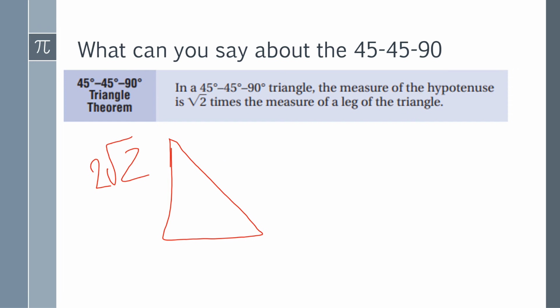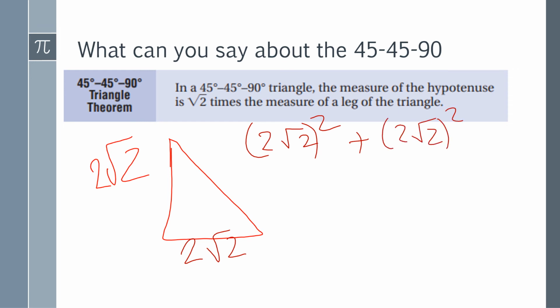So, in the previous triangle we did, we realized that the x was 2 times square root of 2. Well, to do this, square plus 2 times square root of 2 squared, and we get 8 plus 8, which is 16.